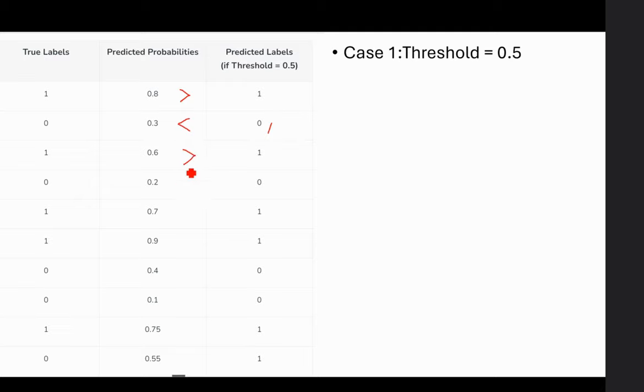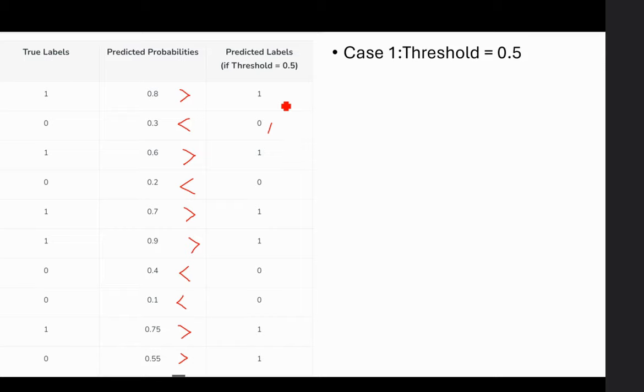Here it is greater, here less, here greater. This is also greater than 0.5, this is less than 0.5, this is also less than 0.5, and these two are greater than 0.5. So for greater than the threshold, the label is 1, and for less than the threshold, the label is 0. This is how we predict the labels.